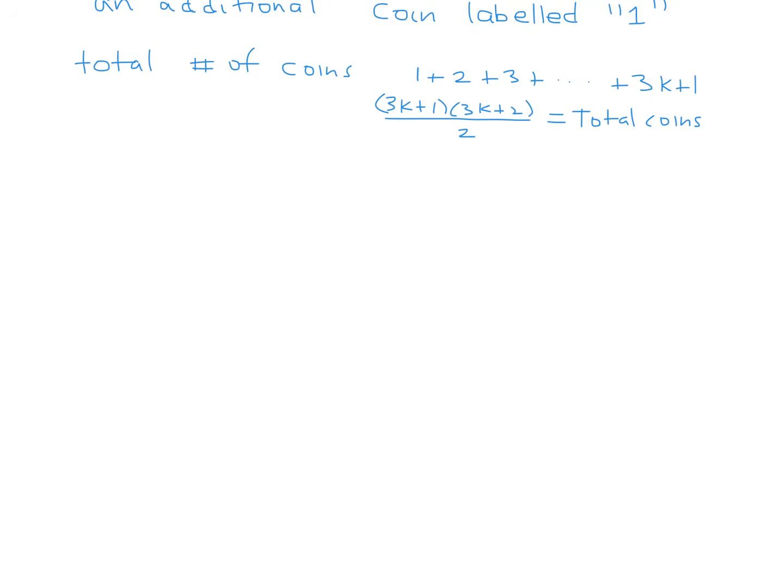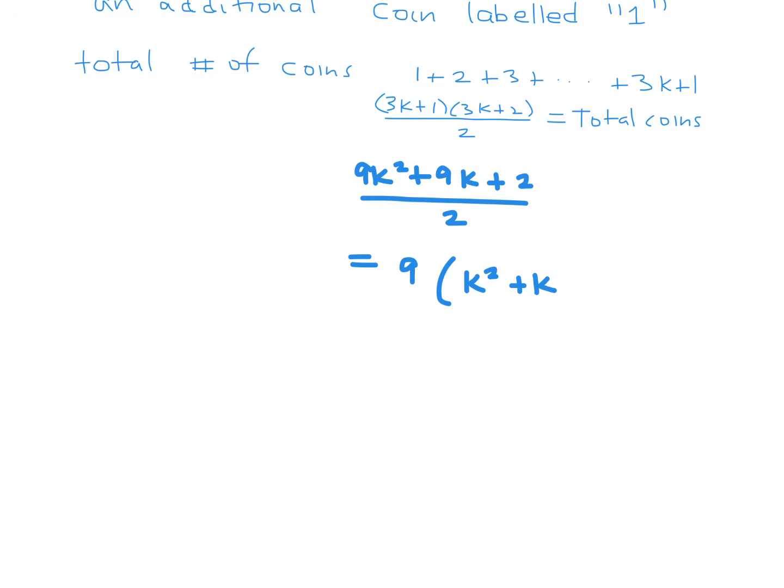Let's move this up. So if you do this math, this is going to be 9k squared plus 9k plus 2 over 2, and that is actually 9, if you factor out a 9, k squared plus k over 2 plus 1. And whatever that is, it's going to be an integer, right?